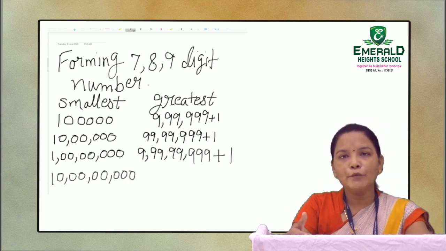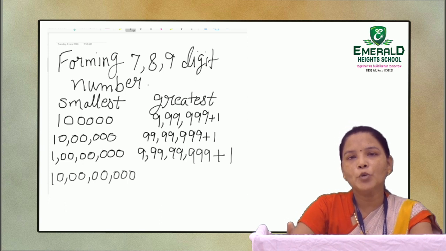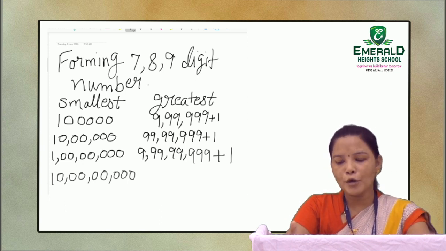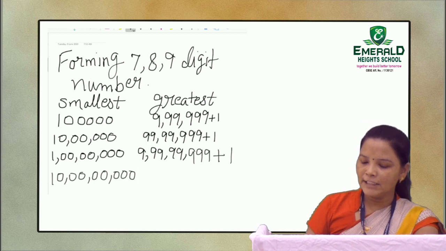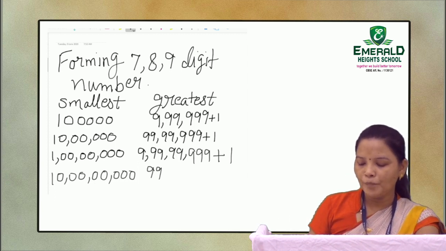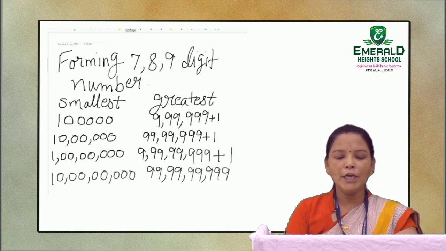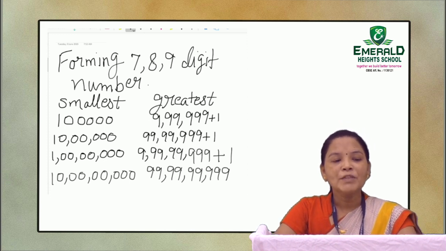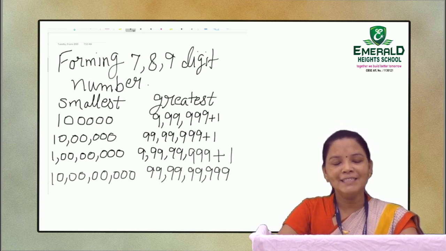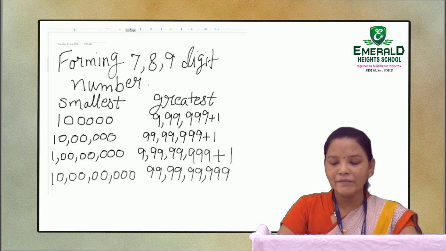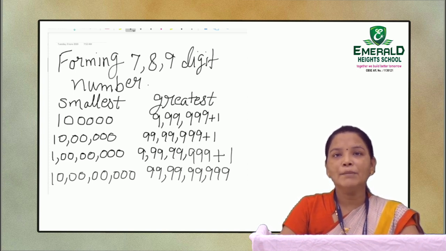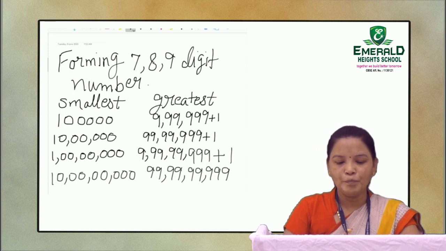Then if we go on proceeding with 10 crore 1, 10 crore 2, 10 crore 3, 10 crore 4 and so on, we will get the largest 9 digit number and that is 99 crore 99 lakh 99,999. So in this way we have learned how to form the smallest 7 digit number, smallest 8 digit number, smallest 9 digit number, and if we go on proceeding with these numbers, we will get the largest 7 digit number, largest 8 digit number and largest 9 digit number.